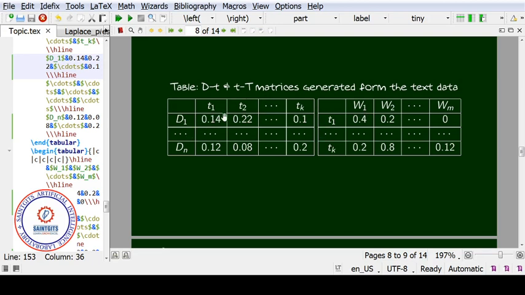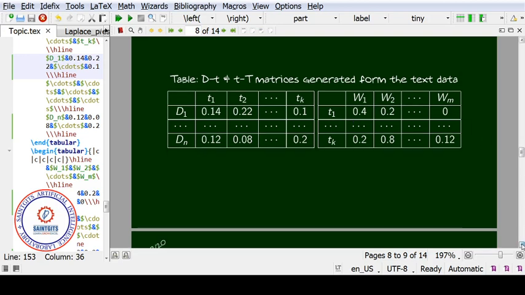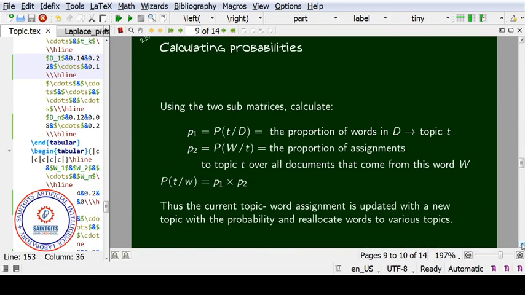From the document topic matrix, I generate the probability P1, and from T1 W1 I generate another probability or proportional value, that is called P2. We simply multiply P1 and P2 and generate a new probability. That new probability is assigned to each word, and the higher the probability, that particular word is assigned to the corresponding topic. That's all. We explain this idea in very few words.